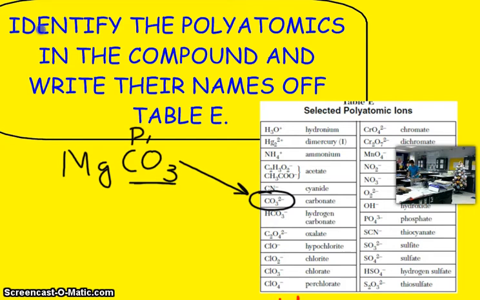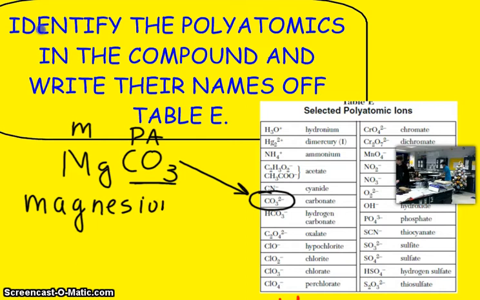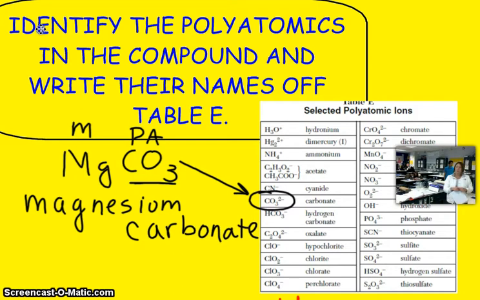This is our polyatomic. This is our metal. So we name our metal, magnesium. We go to the box for magnesium. It only has 1 charge, so you do not need parentheses after its name. You name your polyatomic. This is called magnesium carbonate. That's it. That's all you do. Okay? Looks pretty easy, right?